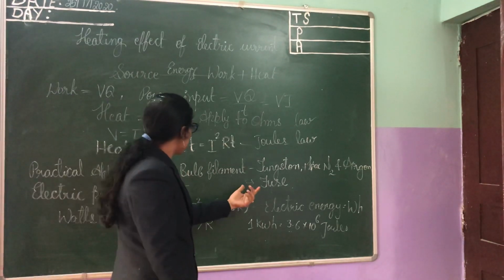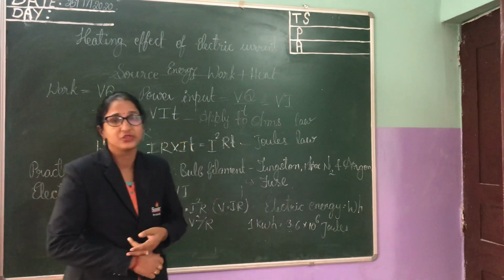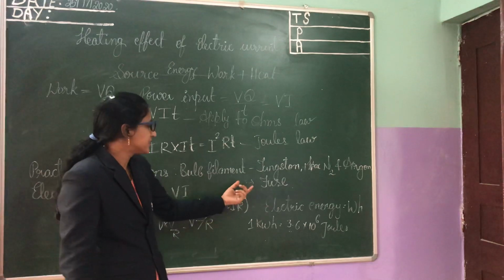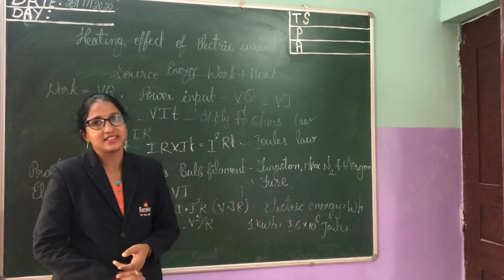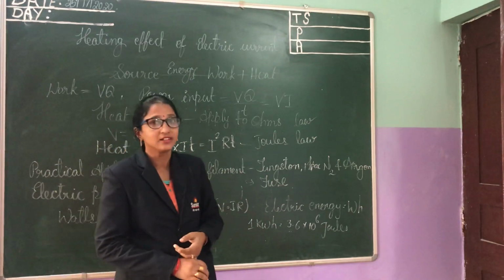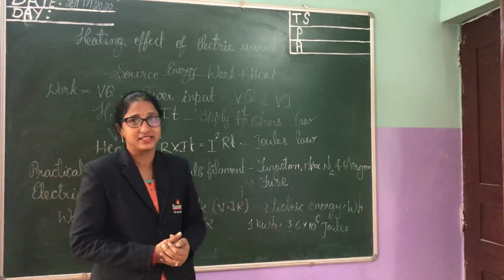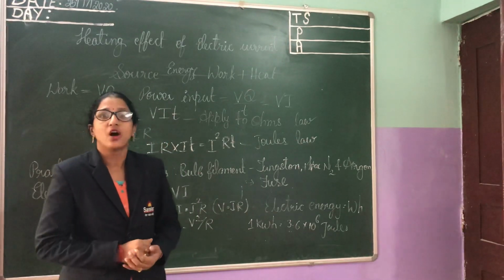In one more gadget we use Joule's law, that is the fuse. A fuse is made of metal having a particular melting point, like copper or iron. In an electric circuit, the fuse is arranged in series, and it controls the flow of electricity.